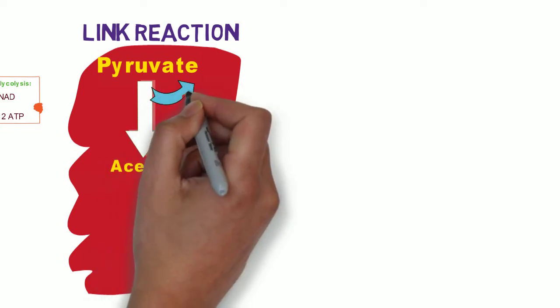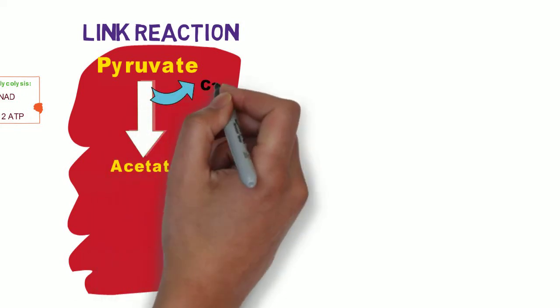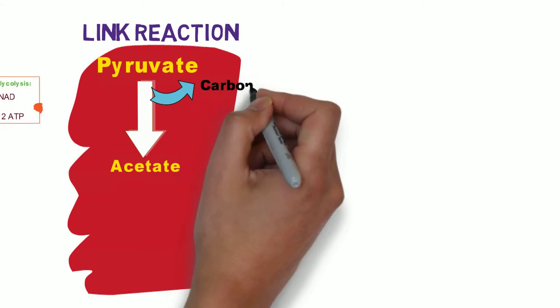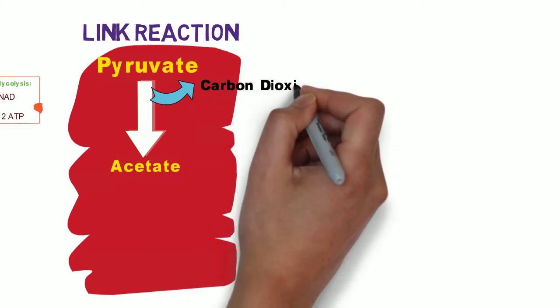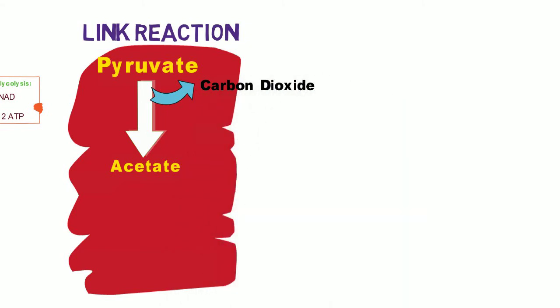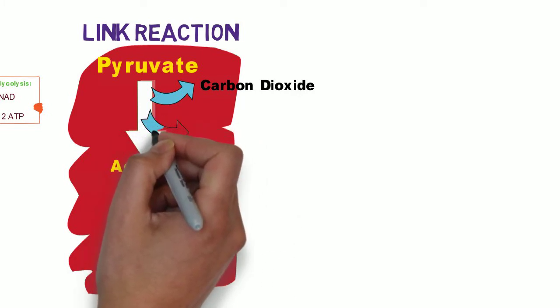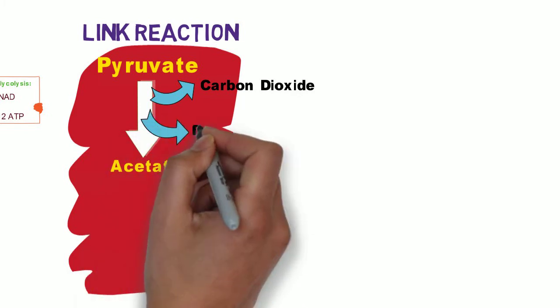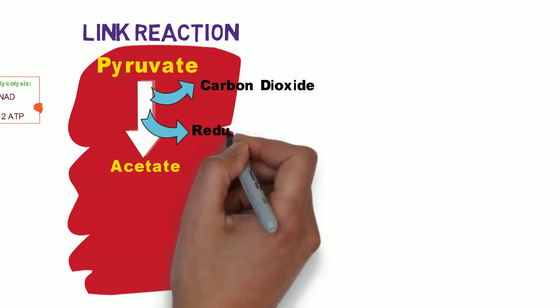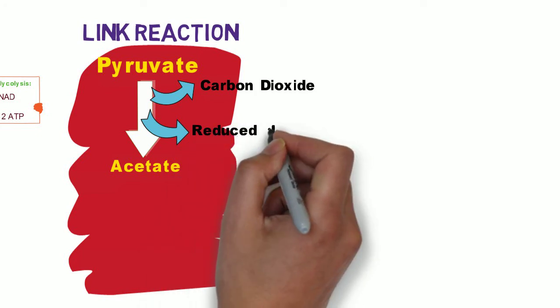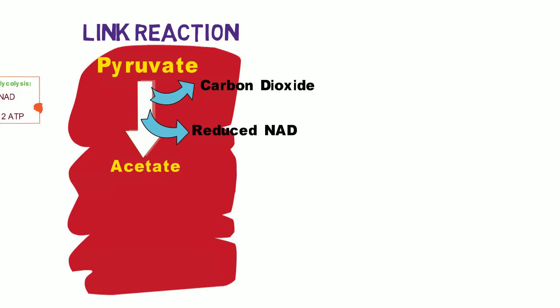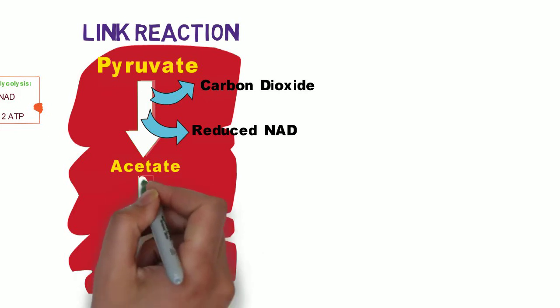Because it loses one carbon to form carbon dioxide. This reaction is called a decarboxylation reaction. But it also loses a hydrogen, and this hydrogen helps to produce reduced NAD. This reaction is called dehydrogenation.